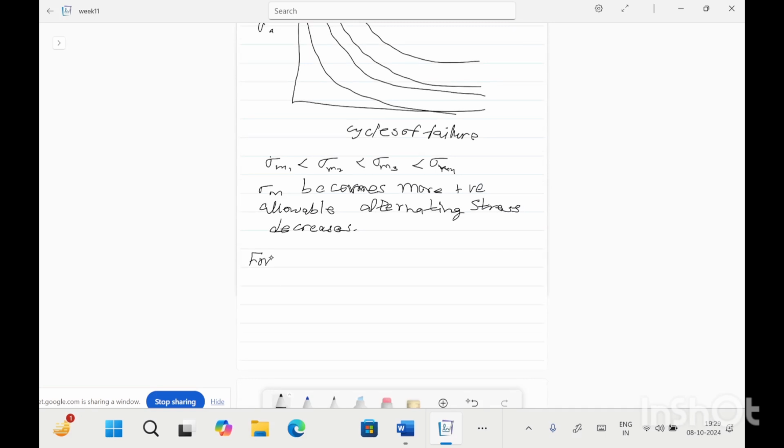So for each mean stress, there is a stress range, sigma max minus sigma minimum.